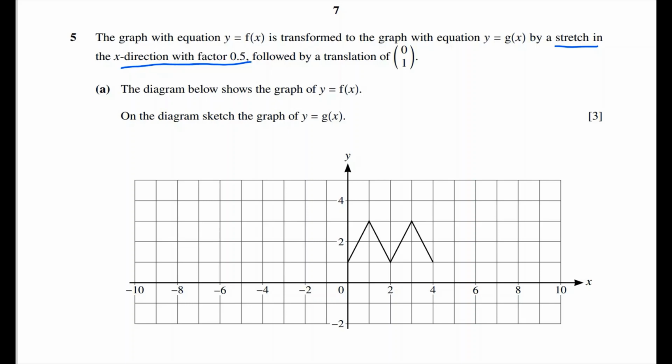So let us mark that one. So this is 0. We'll start with 0. And this 2, when x is 2 and stretched by the factor of 0.5, it will become 1, and the next point x equal to 4 will become 2.